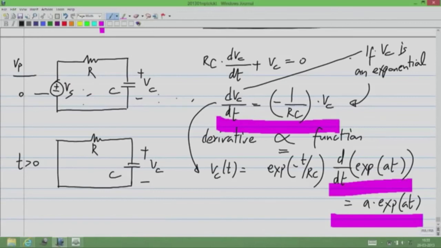Clearly now I also can have a scaling factor here. So let's say V0, because that will cancel out. If Vc of t is V0 exponential minus t by Rc, please give me the value of dVc by dt.